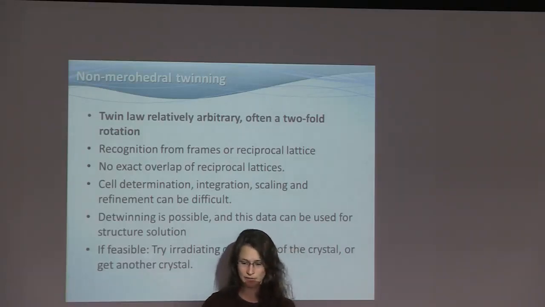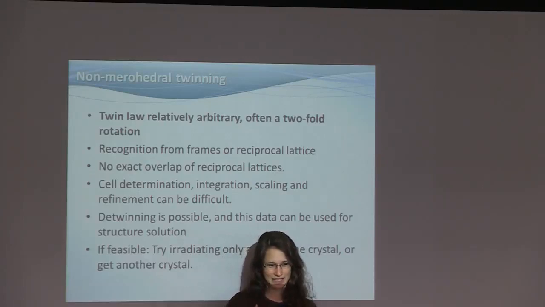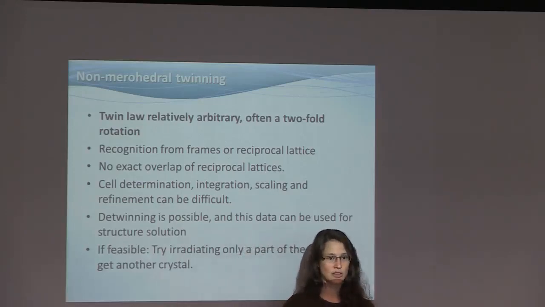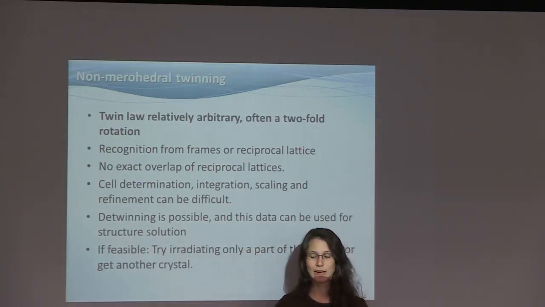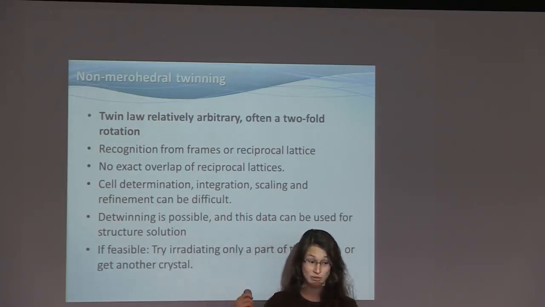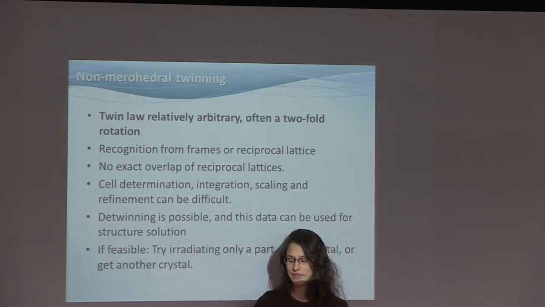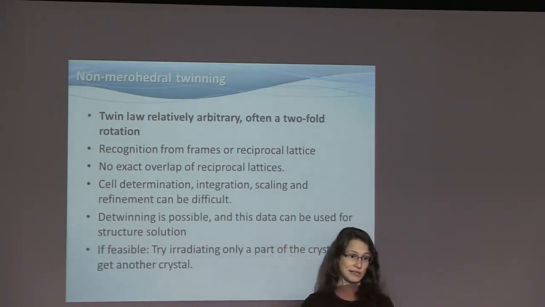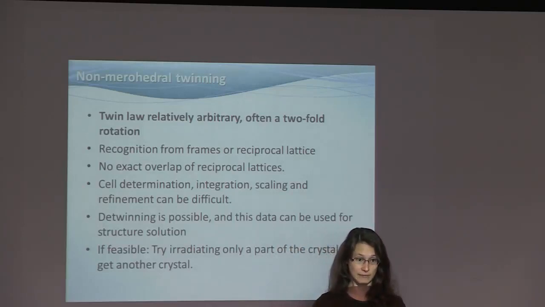Detwinning is possible, and you can use these data for structure solution and refinement, but you will still have problems with the R3 set. So there has not been enough research in this. We have problems determining R3 for non-merohedral twins, but it's shown possible to solve these macromolecular non-merohedral twin structures. If feasible, try irradiating only a part of the crystal or try to get another crystal.